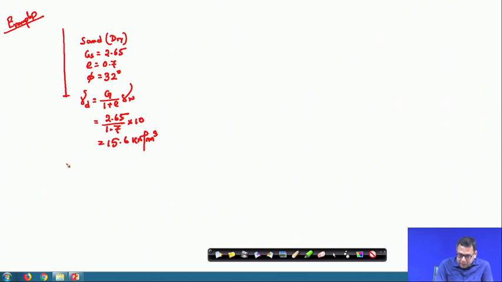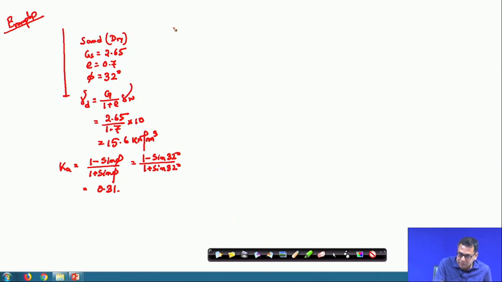And we have Ka equal to (1 minus sin phi) over (1 plus sin phi), so 1 minus sin 32 degrees over 1 plus sin 32 degrees. So, Ka value is 0.31.